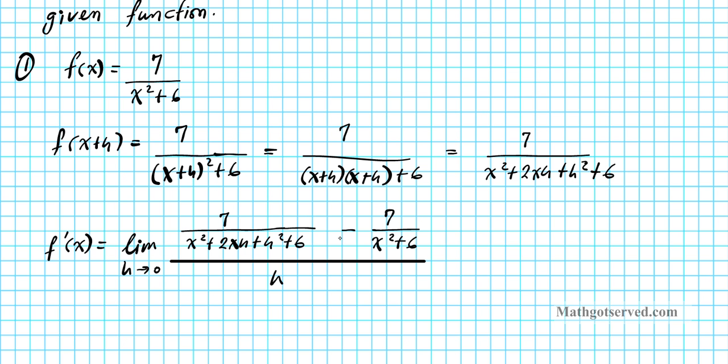So let's add these two as though we're adding fractions, so we need to find the LCD. We can multiply this denominator with this numerator, and then this denominator with this numerator here. So this piece right here, I'm going to multiply by x squared plus 2xh plus h squared plus 6.